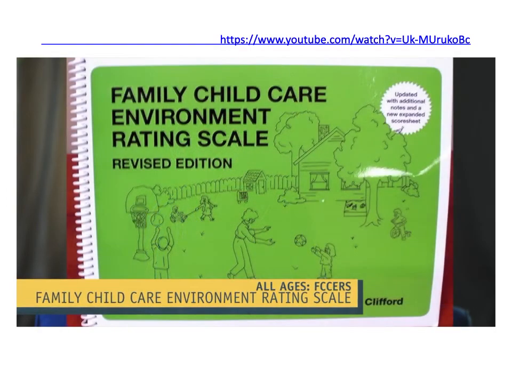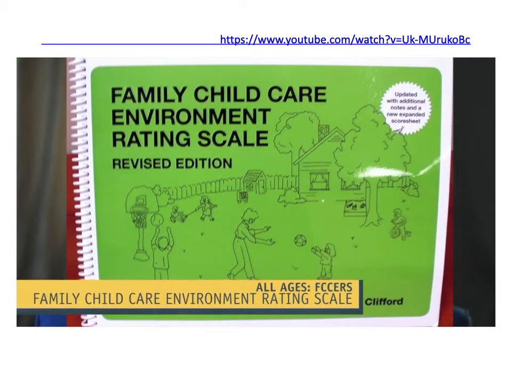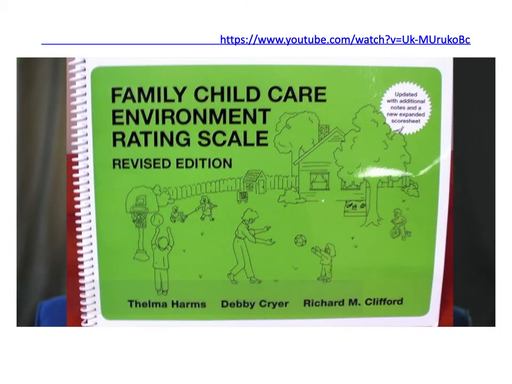The Environment Rating Scales have been used in almost every state as well as internationally to assess child care programs across a wide range of cultures and program models. Four Environment Rating Scale tools are used to assess the quality of programs serving children. The Family Child Care Environment Rating Scale, known as FCCERS, is specifically designed for use by family child care programs serving all ages.